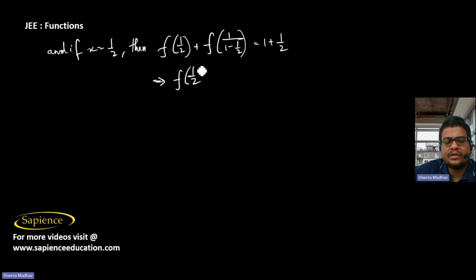So it means this is f of half plus f of, this is 1 by half, that is f of 2, that is equal to 3 by 2. So this is equation 3.